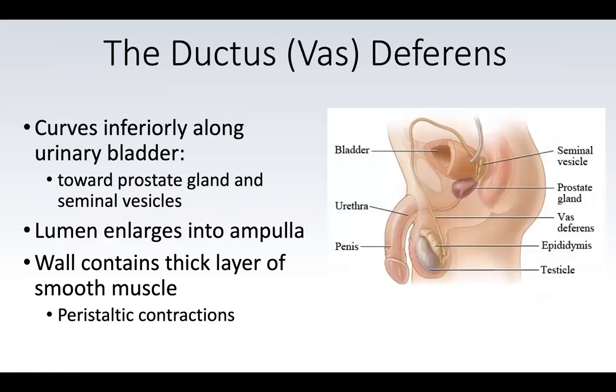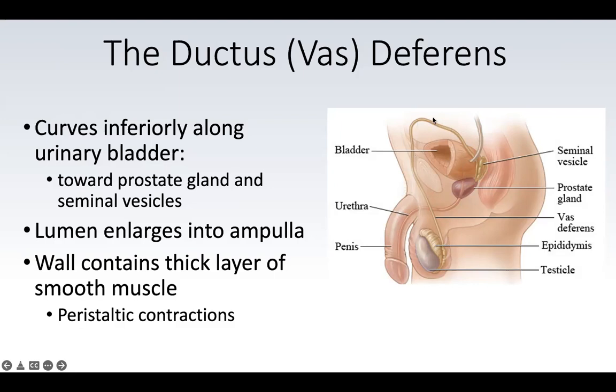The ductus deferens, the vas deferens: many students are surprised at the trajectory it takes. It rises with the spermatic cord, over and behind the urinary bladder.